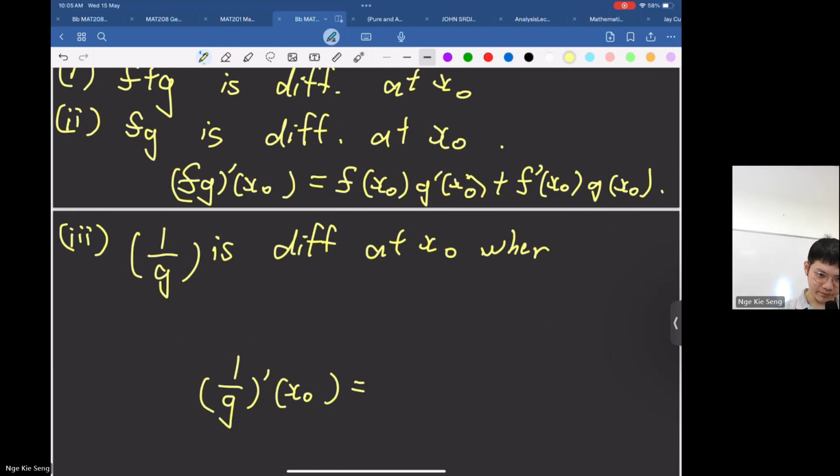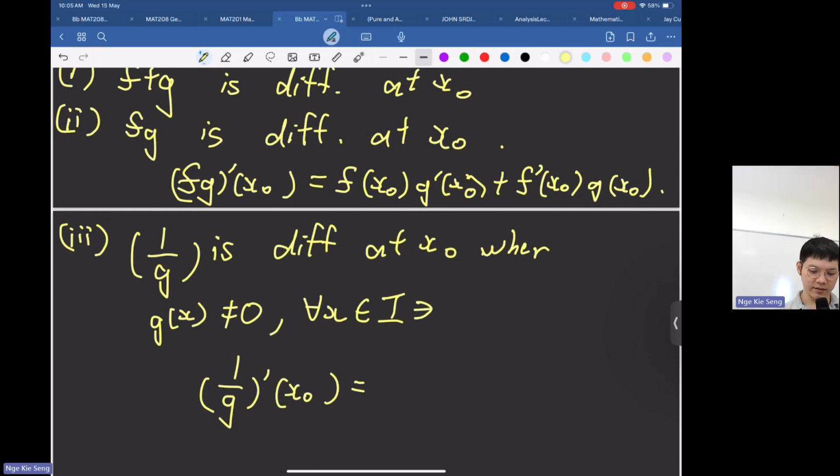Where g of x is not 0 for all x in an interval I such that this I contains x naught. Does it make sense?